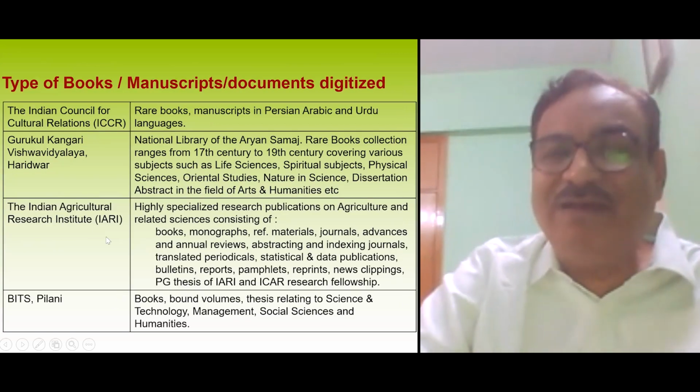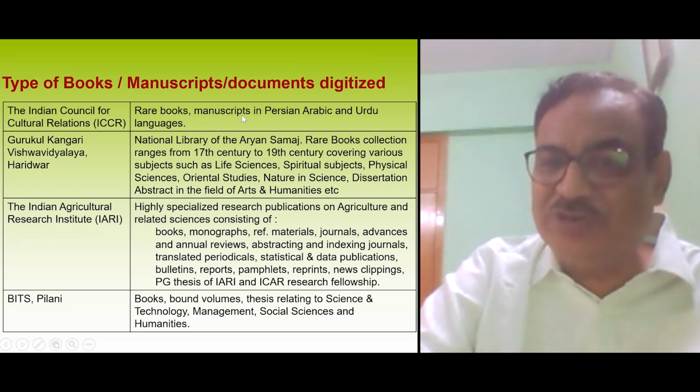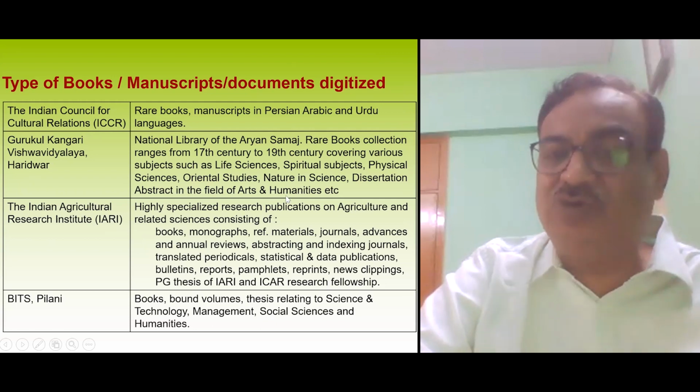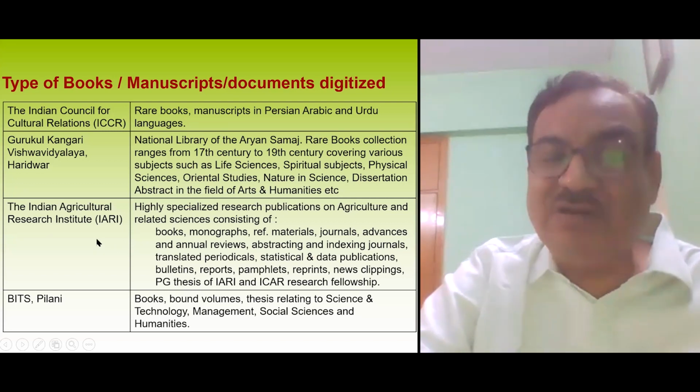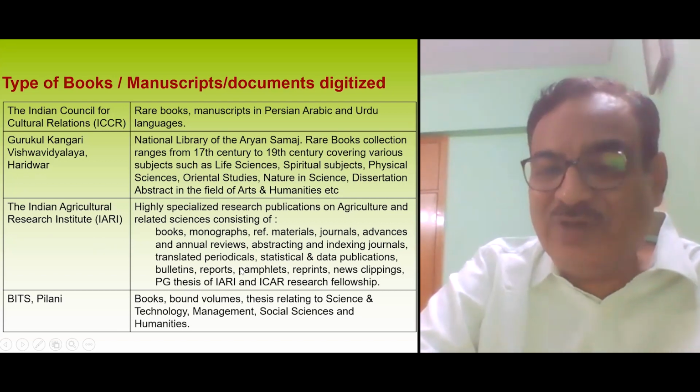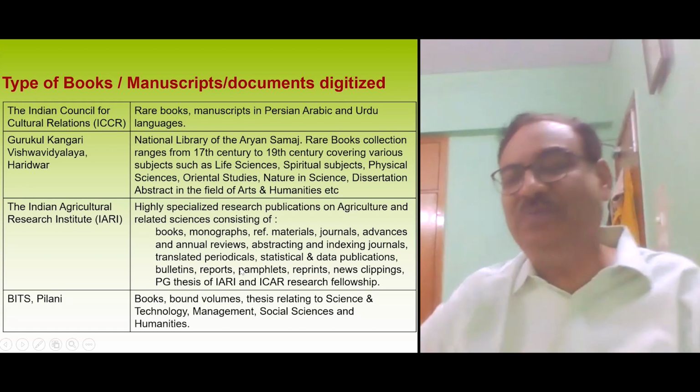Examples are here. ICCR gave us rare books and manuscripts in Persian, Arabic and Urdu as well. Gurukul Kangri gave us a good amount of rare books, 17th and 19th century books. Indian Agriculture Research Institute gave us one classic thing.